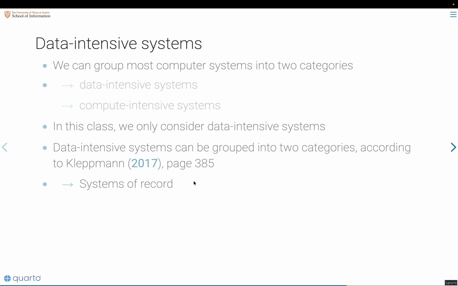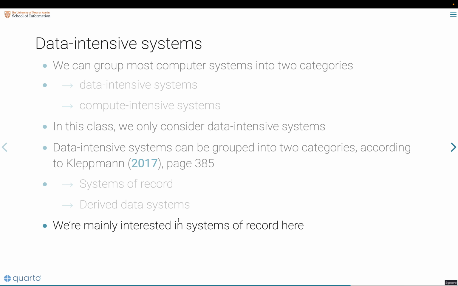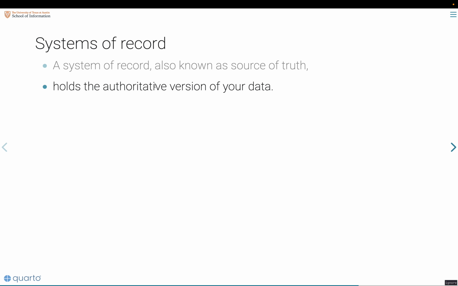Systems of record, derived data systems. The kind that we care about in this class are systems of record. We're less concerned about derived data systems. Okay, so a system of record, also known as a source of truth, holds the authoritative version of your data.